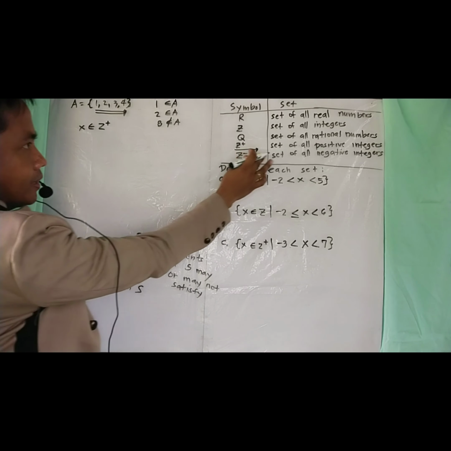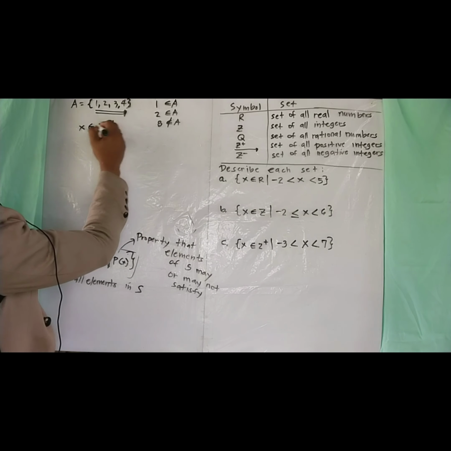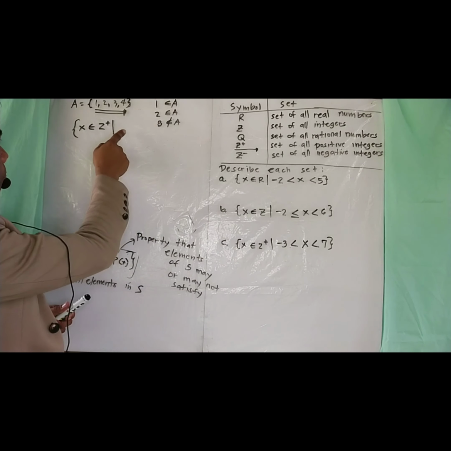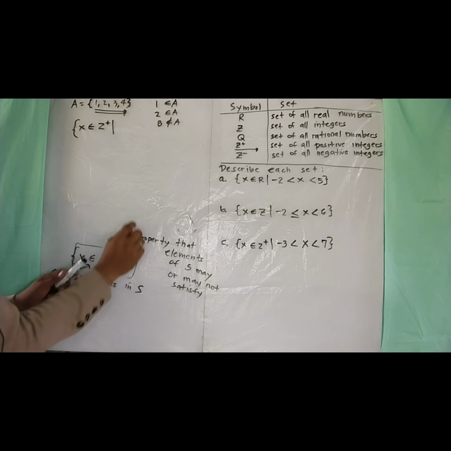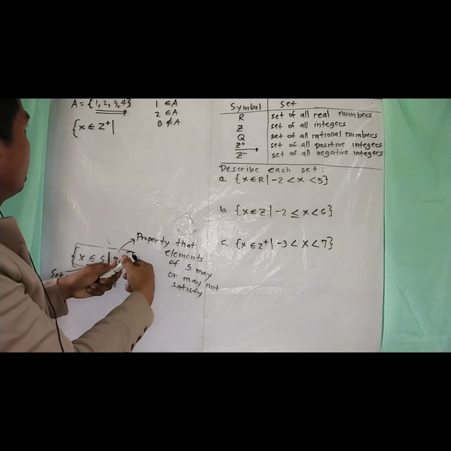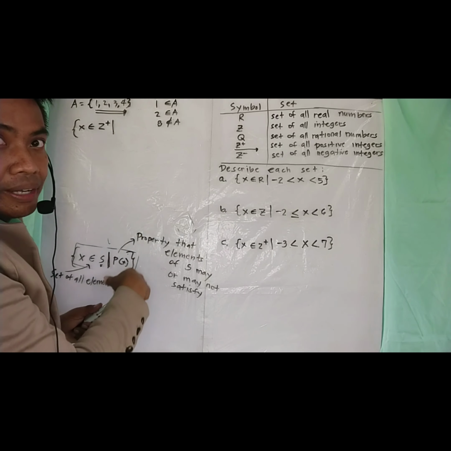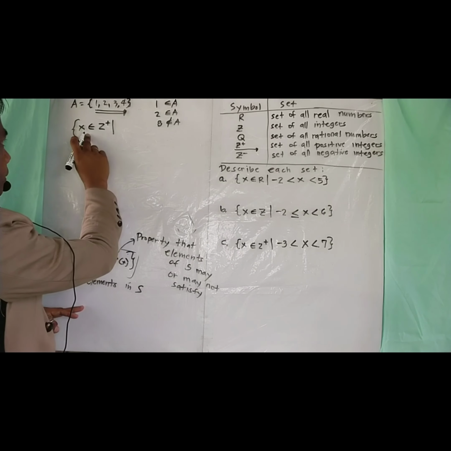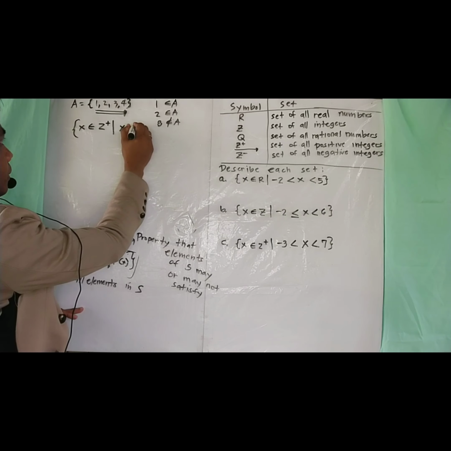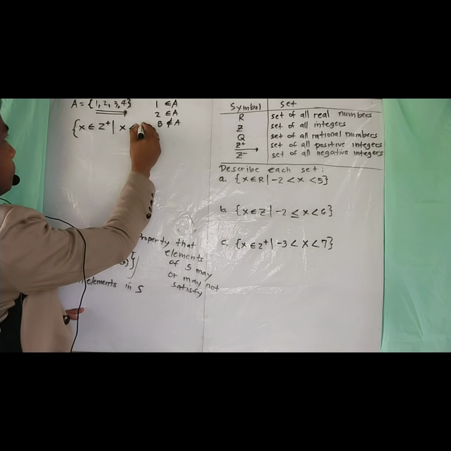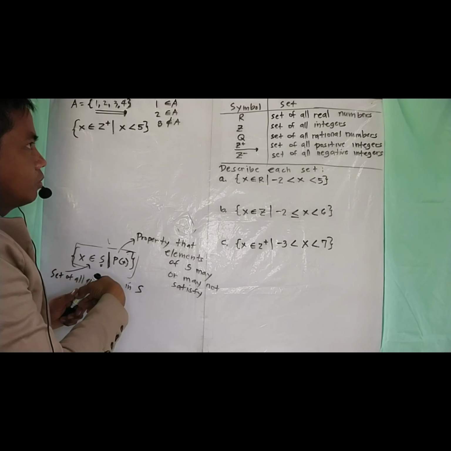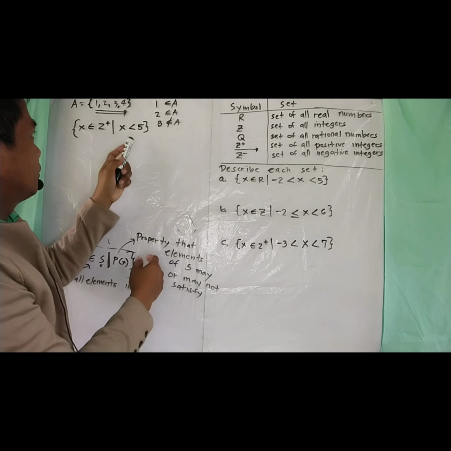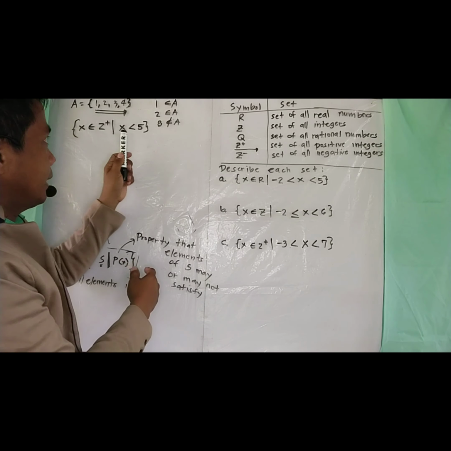X is an element of the positive integers such that, what is now the property that x may satisfy? 1, 2, 3, 4, all of them are less than 5. So we can write this as x is less than 5. All positive numbers that are less than 5 are the elements in this set.